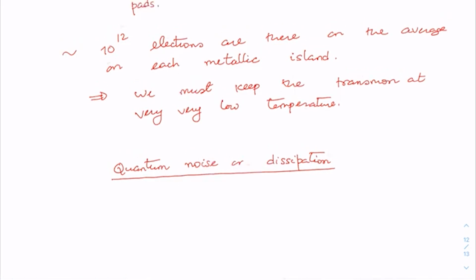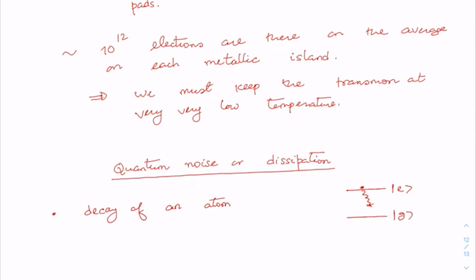Dissipation or quantum noise is encountered in many situations. For example, decay of an atom. Suppose an atom is a two-level atom, with a ground state and an excited state. Even though these are eigenstates, we know that the atom cannot stay in the excited state for a long time, so after some time it spontaneously decays into the ground state.